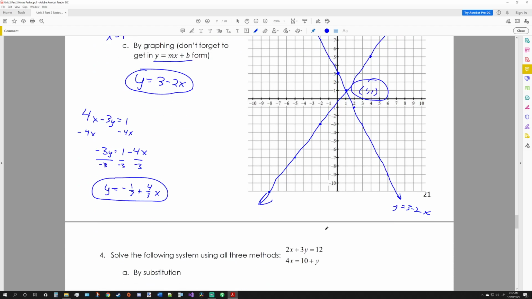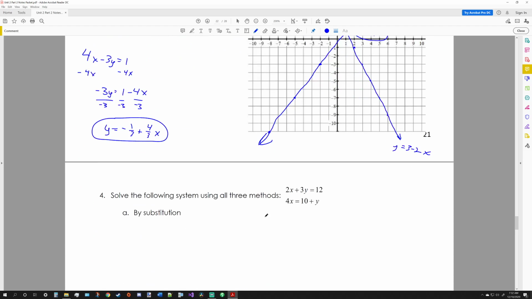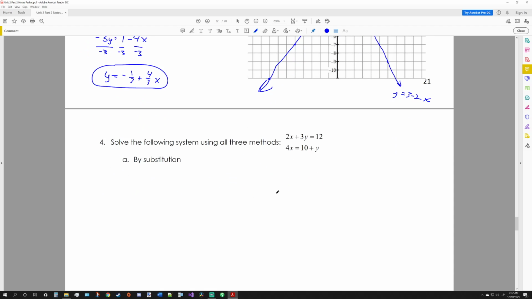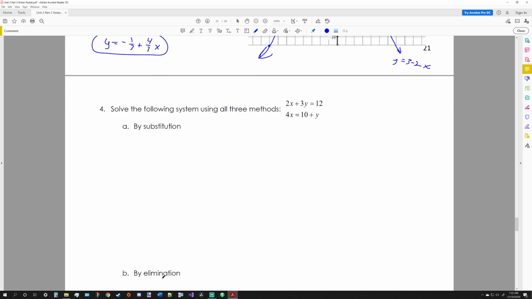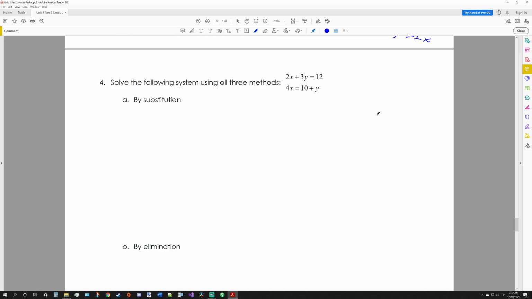All right, so there's another practice problem down here. In this one, remember substitution. Get the easiest variable by itself first. And remember for elimination to line up your variables vertically. So if you notice, 2x and 4x are lined up, but then the other things are not lined up. So we want to rearrange this one for elimination so that it's lined up this way.